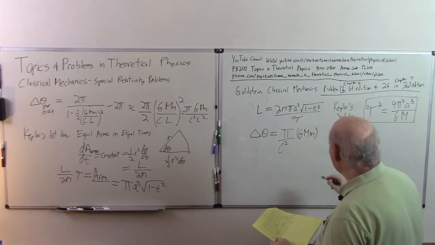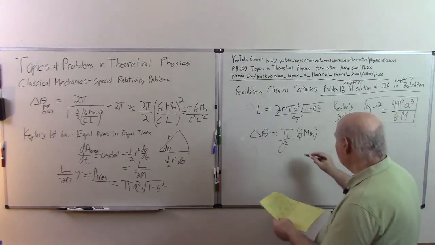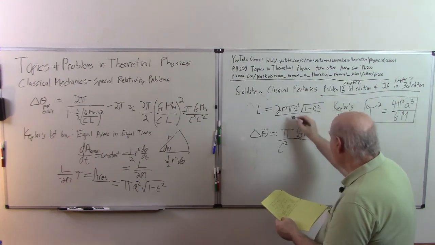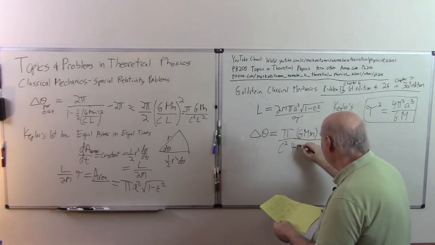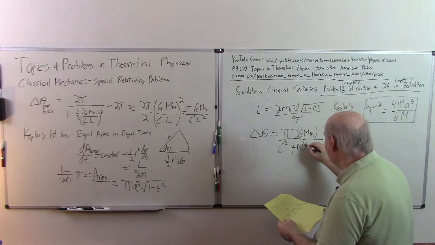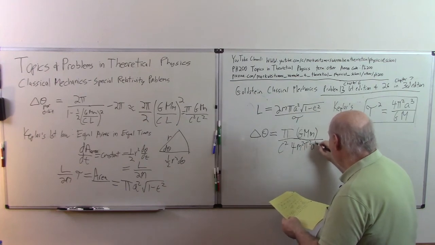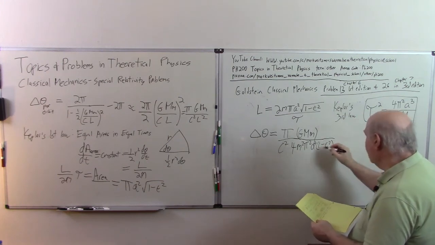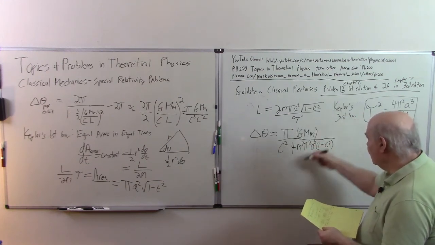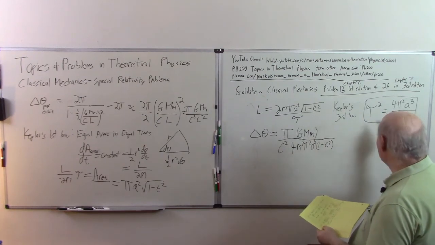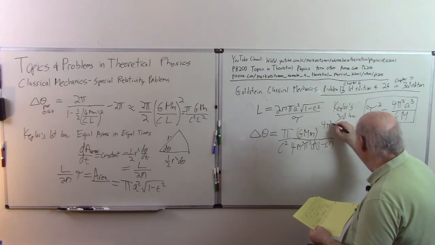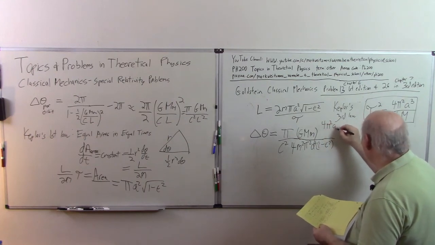And now I have to put L squared in the bottom. So I'm going to have 4m squared pi squared a to the fourth times 1 minus epsilon squared, and then tau, which would be over here, goes to the numerator, tau squared, and tau squared gives me 4 pi squared a cubed.